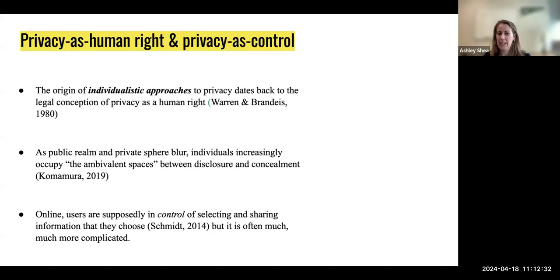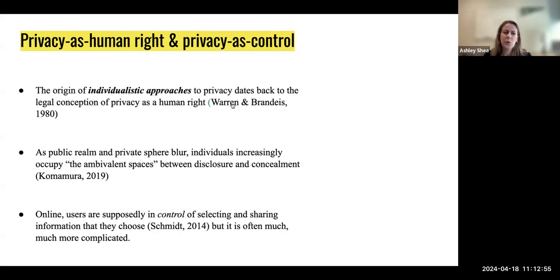As Reanna mentioned, with the case of Baskin-Robbins, we take our personal information, our birth date, our driver's license, and we use that for other public services. These realms mix. And so increasingly, we are in what have been deemed ambivalent spaces where we're not sure what to disclose, or even when and if we're disclosing, and concealment, and when and how to conceal.